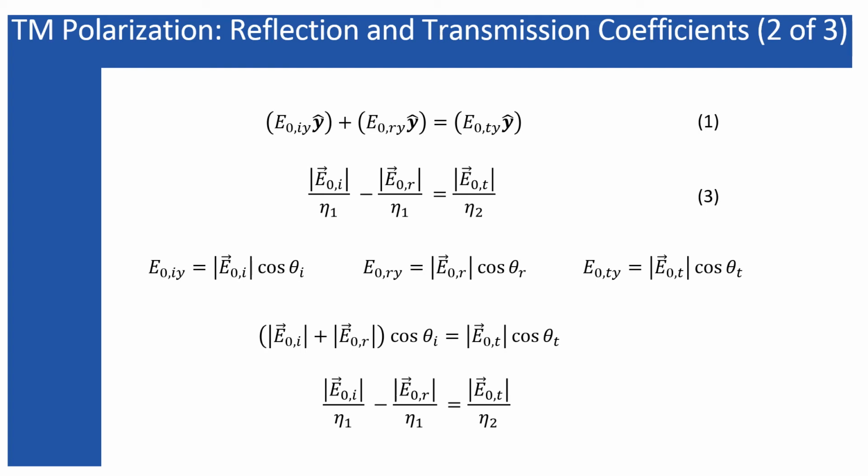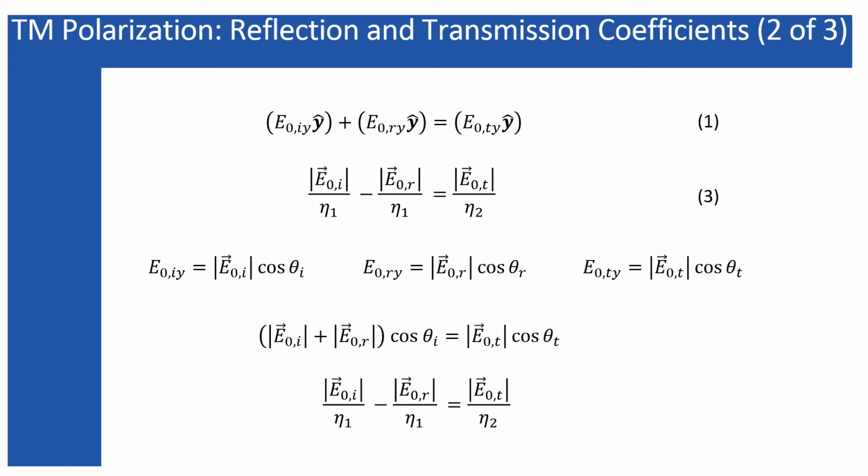But in this case, this E_0i, the incident wave amplitude, can also be represented in this fashion. That means based on the incident angle and the total magnitude of the polarization, and the reflected wave can also be written based on the reflected angle and the magnitude of the polarization, and similarly the transmitted wave.